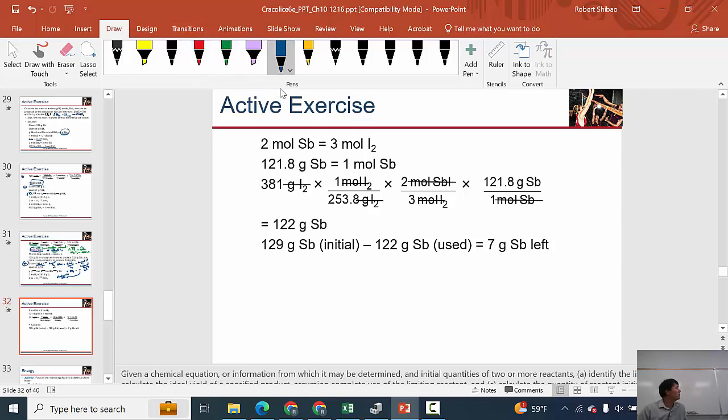And so my calculation would go like this. I would calculate the amount of iodine consumed by the LR.